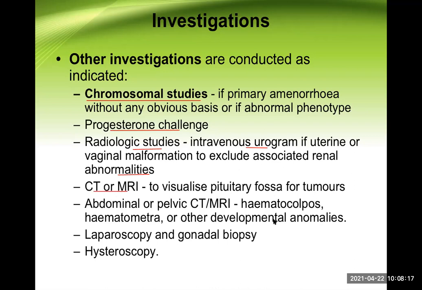CT or MRI are done to visualize the pituitary fossa for tumor. Especially MRI is done to diagnose pituitary tumor. Abdominal or pelvic CT scan or MRI are done for hematocolpos, hematometra, or other developmental anomalies.